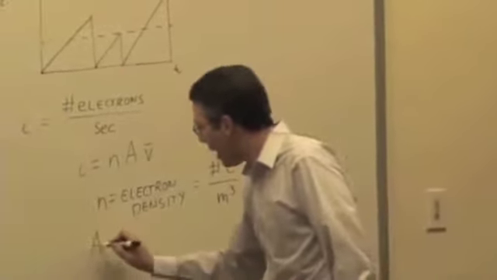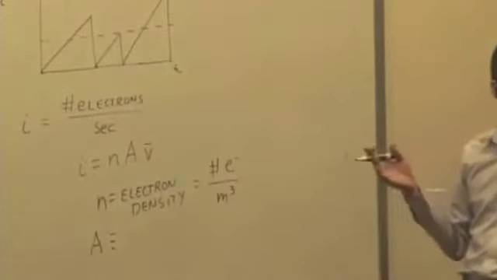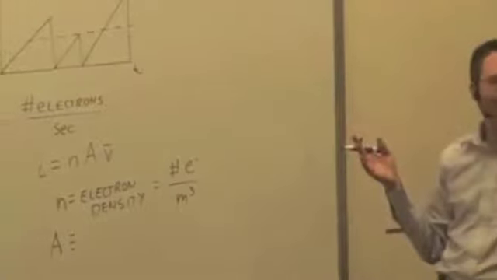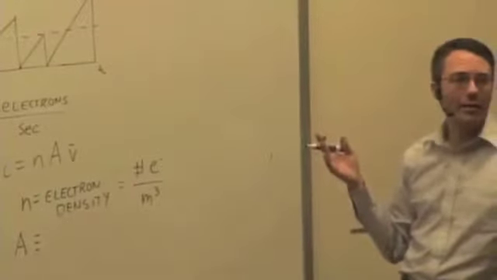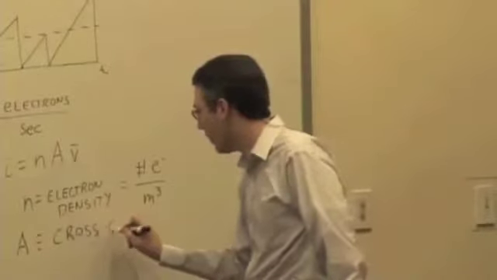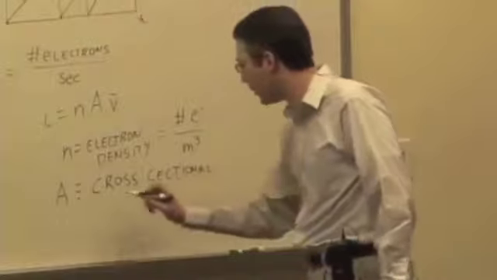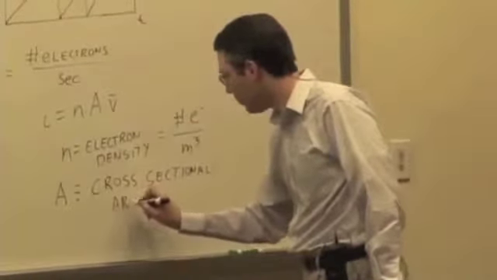And then you have A. What's A? Area. What area? Cross-sectional area of the wire through which the electrons are traveling.